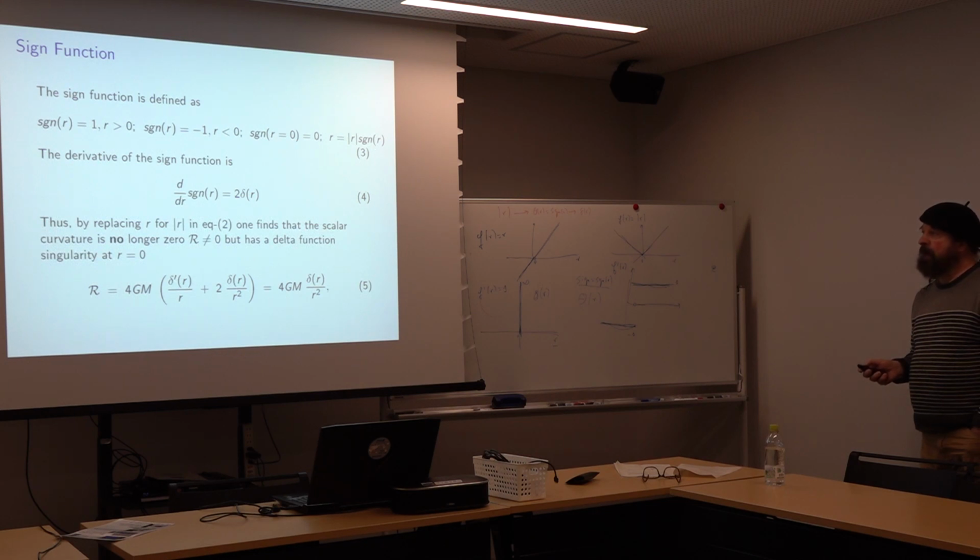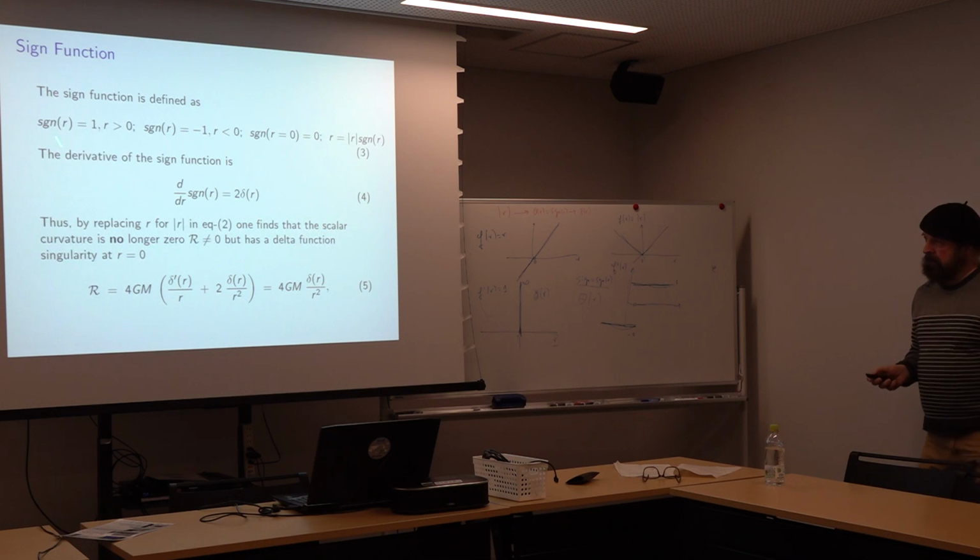So when I have a positive value, the sign is 1, and I get the obvious result. And when I have a negative value, the sign changes sign. So this relationship really is an identity. So here I can relate the magnitude of r, the sign function, with r itself.